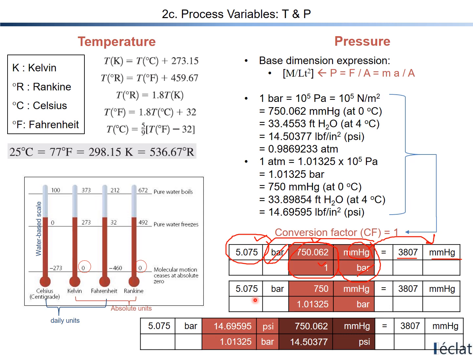Then you could obtain the psi value because bar is erased with another bar. And then psi. In the second step, I want to change the psi into milli Hg finally. Then I want to get those relationships from the first group. Anything is okay actually. So 14.5 psi here and 750 blah blah milli Hg here. And then finally you can erase psi with the other psi.